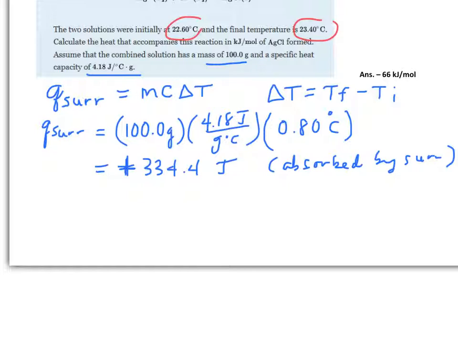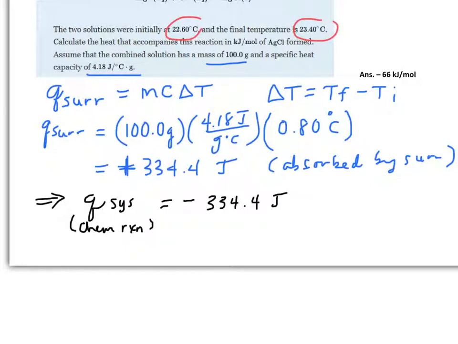So now what we can say, since heat lost equals heat gained, or rather I prefer to say heat absorbed equals heat released, then we can say that the heat for the system, which is the chemical reaction, is a negative 334.4 joules. In other words, the chemical reaction itself gave off that much energy. We are dealing with an exothermic reaction.